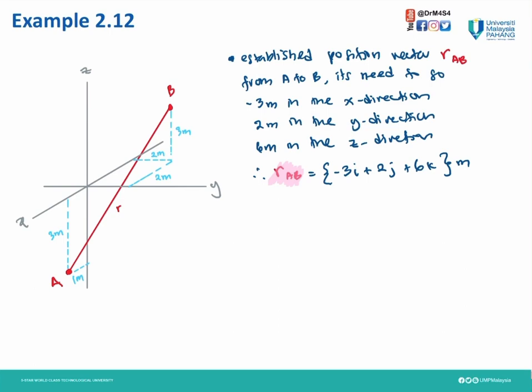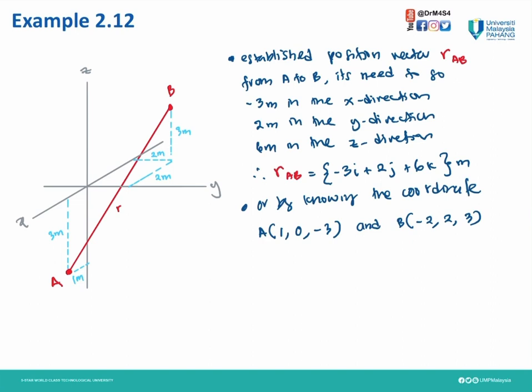Another method we can use is, what are the coordinates of A and B? For coordinate A, 1 on the x direction, positive, and y is 0 because it's at position 0 on the y-axis. Then z is negative 3, going down from positive here, so negative 3. Then how about B?